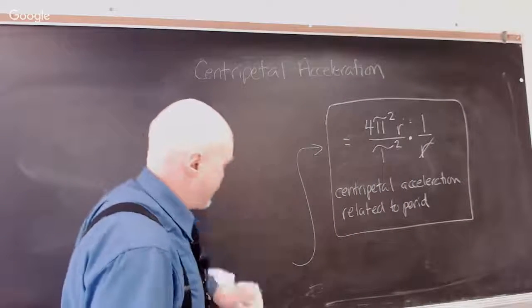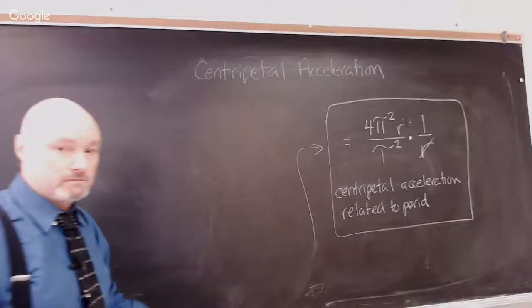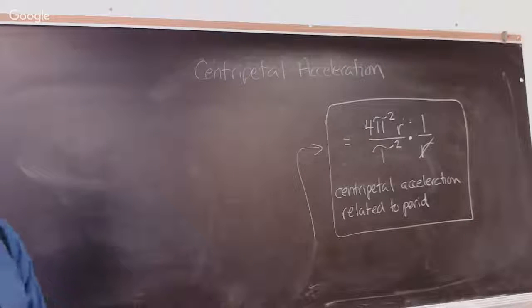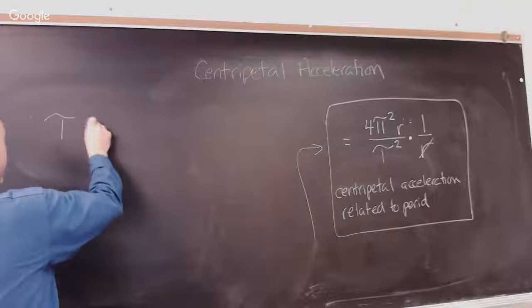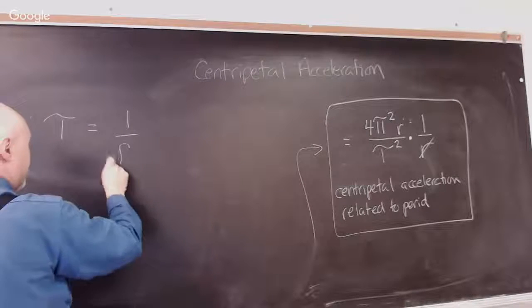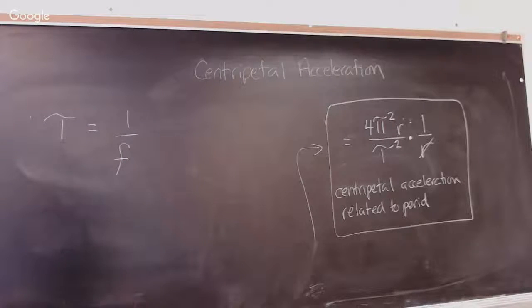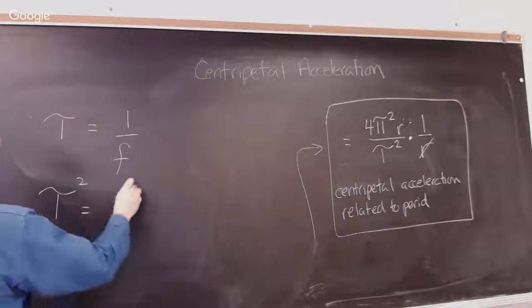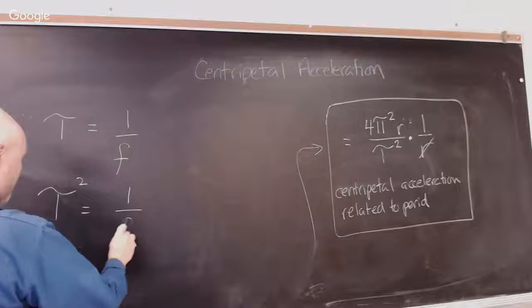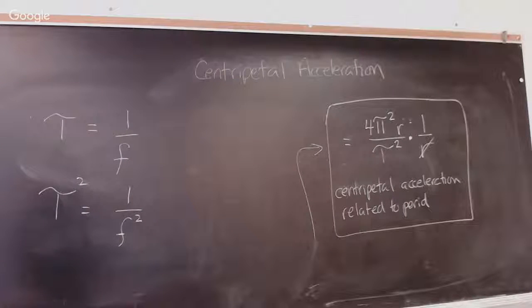So let's just take that and turn it into one that involves frequency. The period is equal to 1 over frequency. So the period squared is equal to 1 squared over the frequency squared.